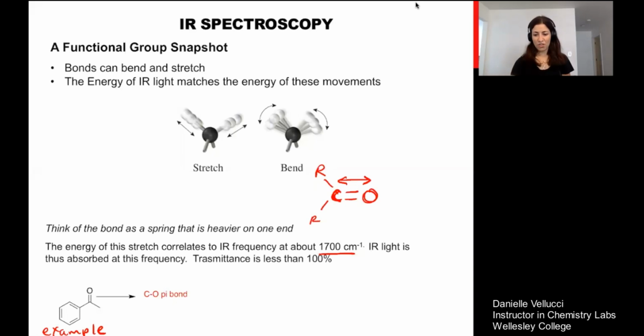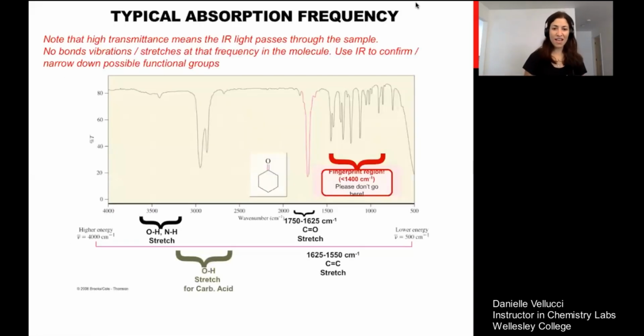So let's take a look at what an actual spectrum will look like and how we observe this absorption. When we look at an IR spectrum, we typically have percent transmittance on the y-axis, and up at the top is basically 100%.